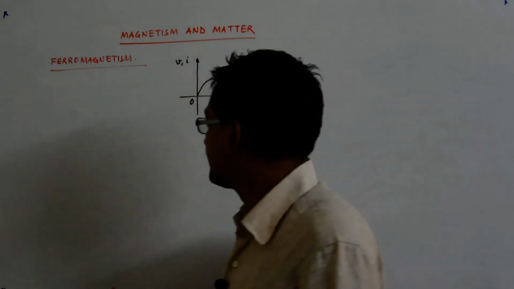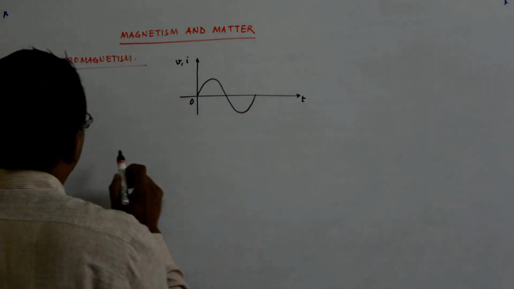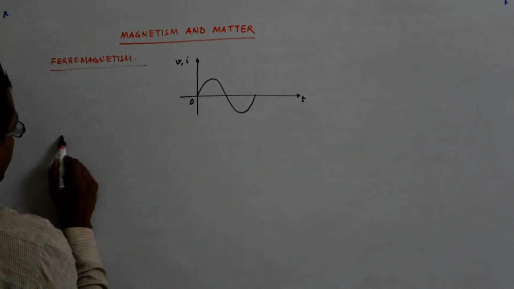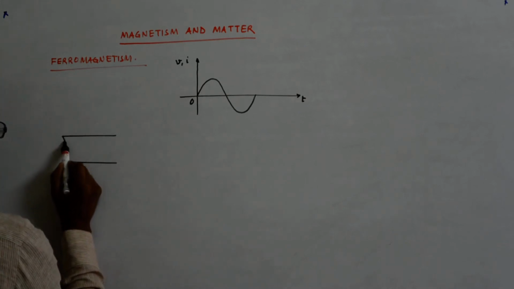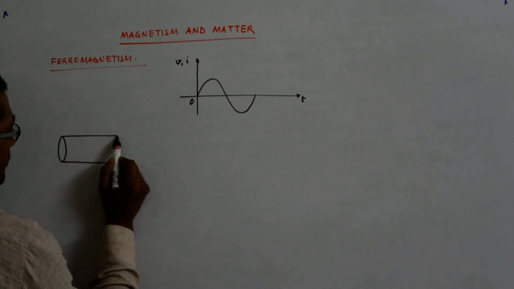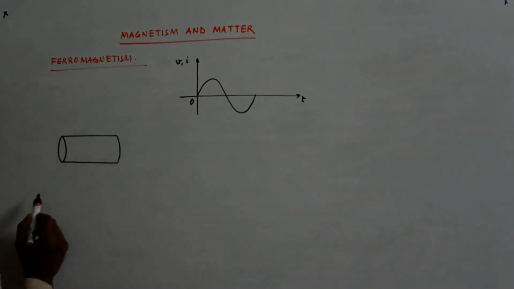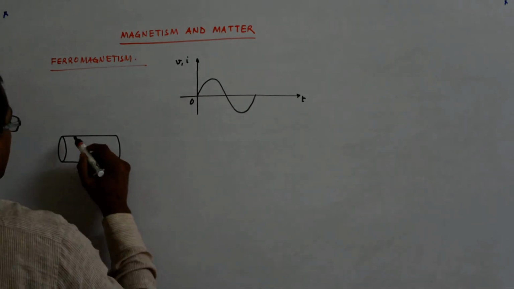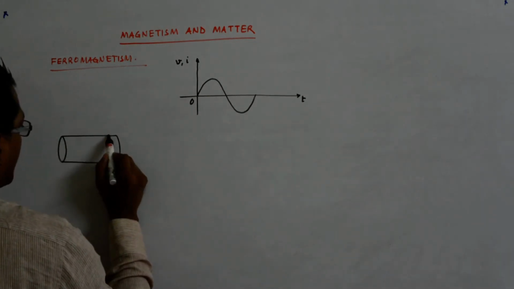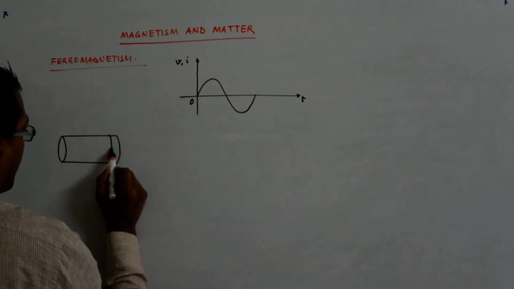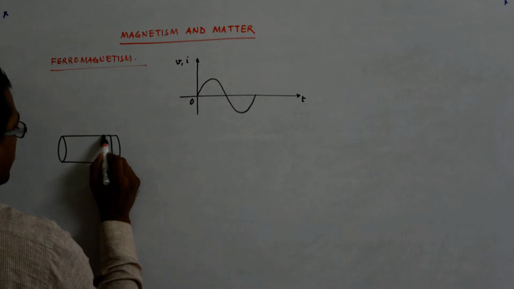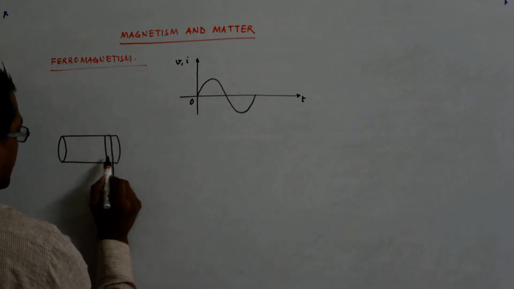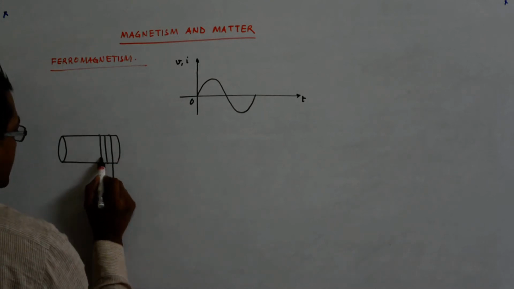Now what happens? I take a solenoid. Do we get the sense of the turns?